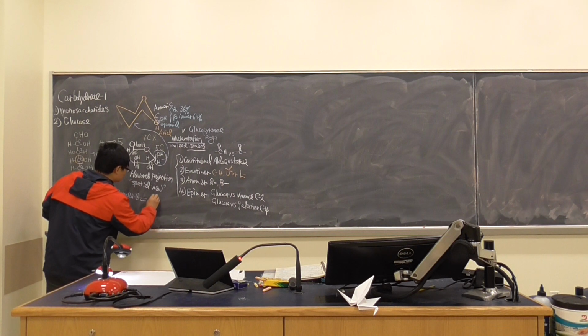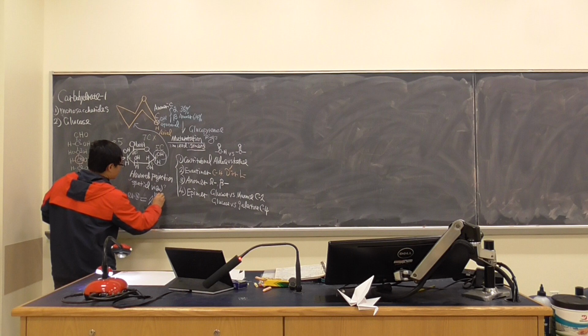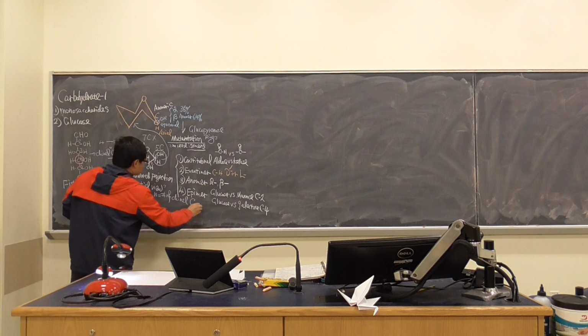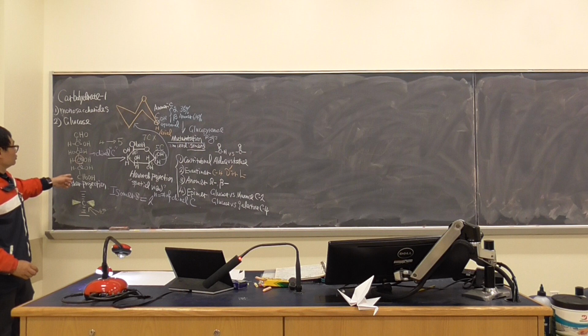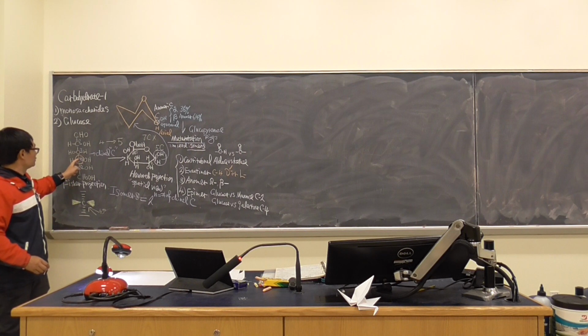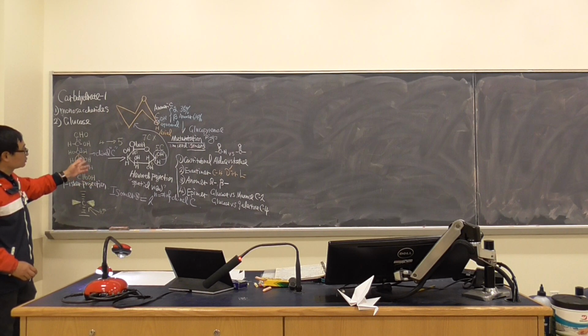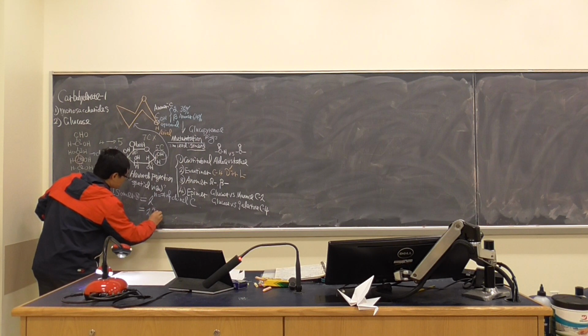So that equals 2 to the power of n, and n equals the number of chiral carbons. So for example, if you have glucose, which has 1, 2, 3, 4 different chiral carbons, what are the isomers for glucose? Theoretically, that is 16.